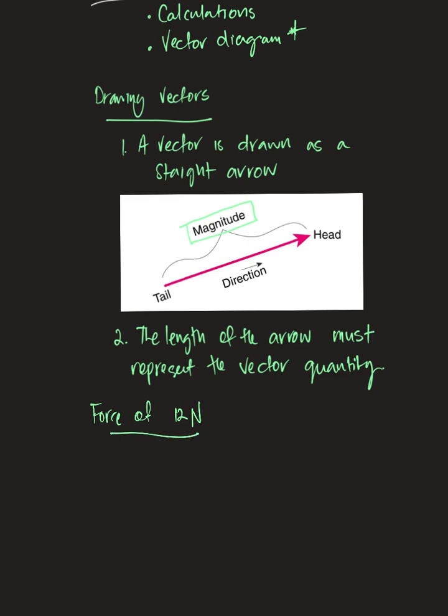So when I draw the arrow, it must be to scale. So before I even start, I must have a scale. So I'm going to say 1 centimeter is to 1 newton. So my vector should be 12 centimeters if I'm representing a 12 newton vector.